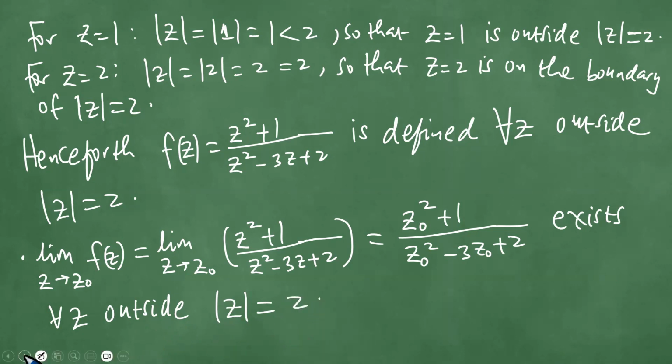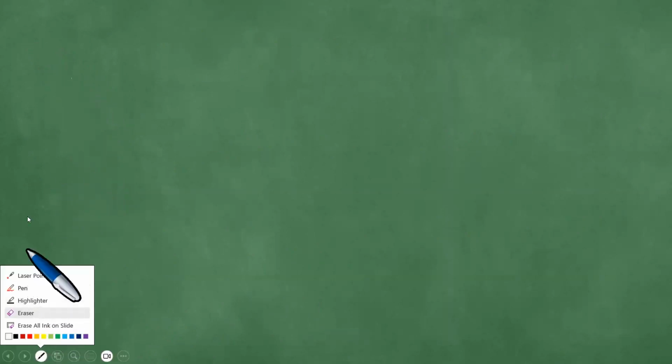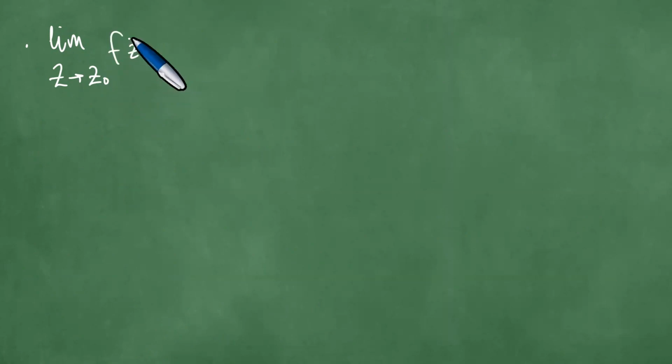Now the third point is to consider the limit as z approaches z0 of f of z. This limit is f of z0.